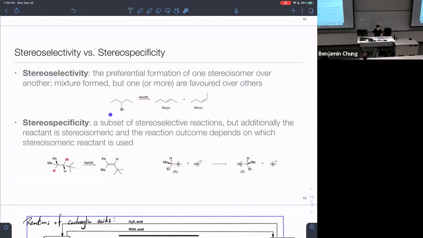So in this E2 reaction here, if we have deprotonation here, we can form either the trans alkene or the cis alkene, but the trans alkene is actually favored because it is just the more stable alkene. So this E2 reaction here is stereoselective.